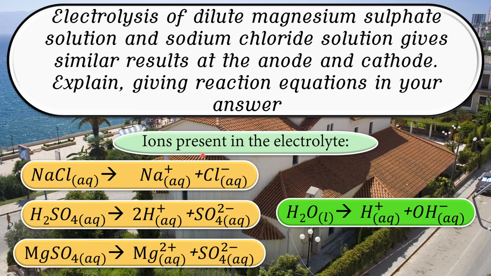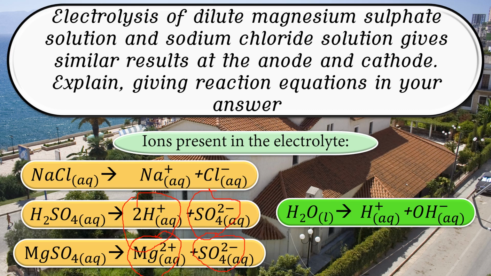Now, when you look at all our electrolytes, we have sodium chloride giving us sodium ions and chloride ions. Then we also have sulfuric acid giving us hydrogen ions and also sulfate ions. Then we have magnesium sulfate, which is giving us magnesium ions, and it is also giving us sulfate ions.